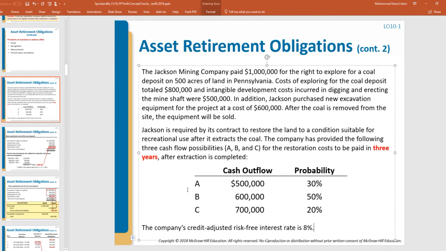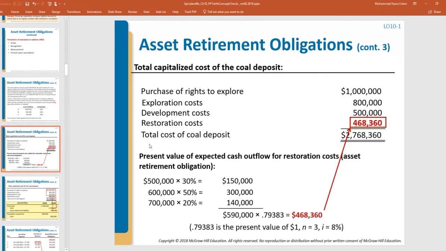Okay, so we need to calculate the asset retirement obligations. Okay, so let's see how we will be doing that. So come over here. So this is how we calculated this one. So first of all, 500,000 at 30%, this one. So 600,000 at 50% is 300,000, 700,000 at 20% is 140,000.